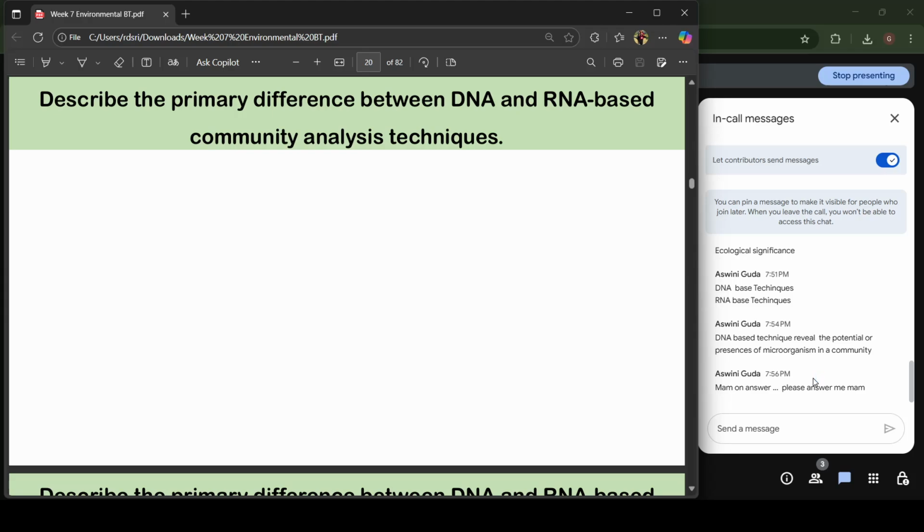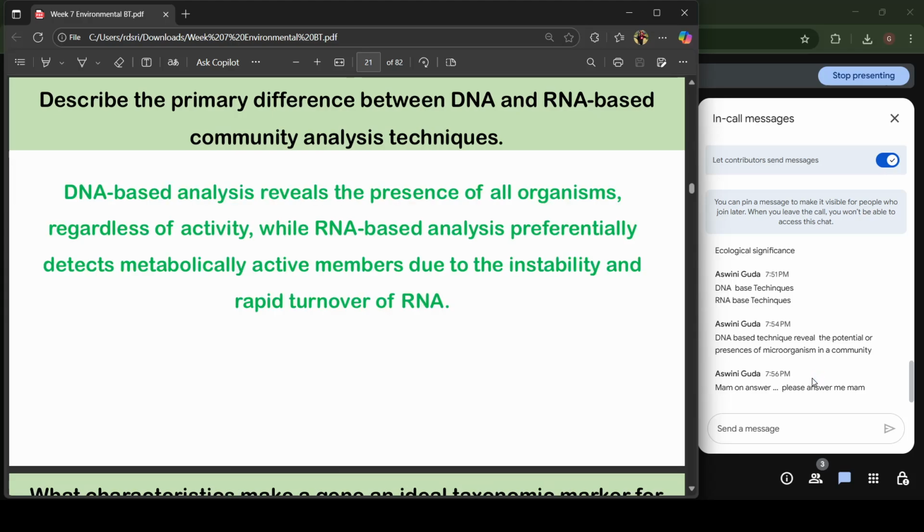Okay. So you have combined both the answers into a single answer. That was the mistake here. DNA-based techniques reveal the presence of microorganisms, whereas RNA-based techniques tell us about the metabolic potential of those microorganisms.